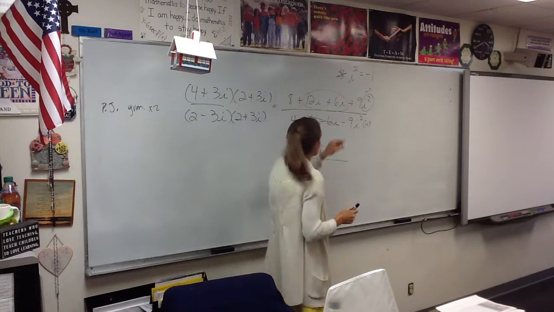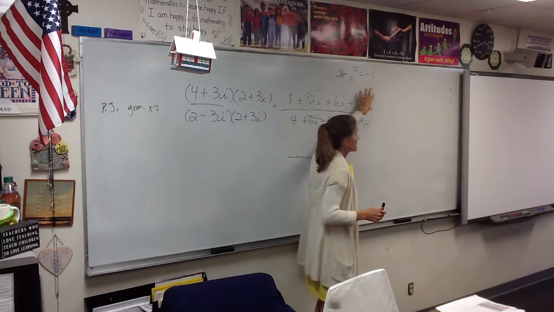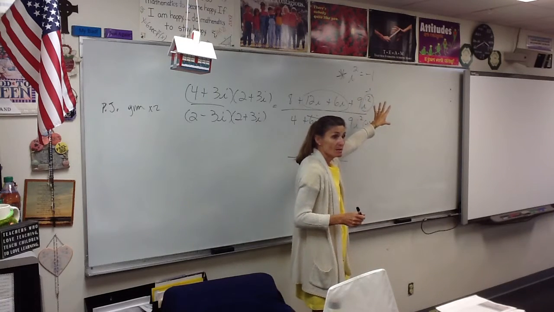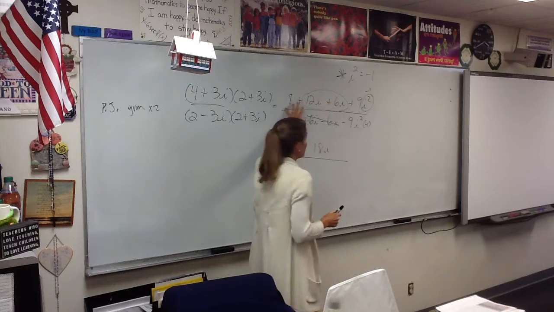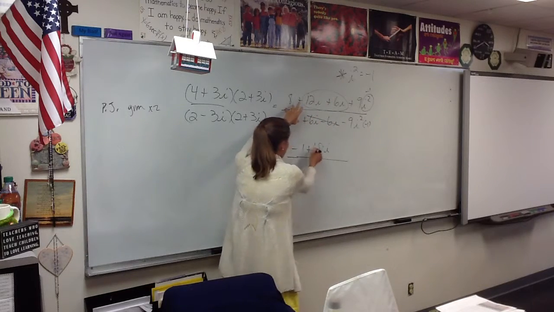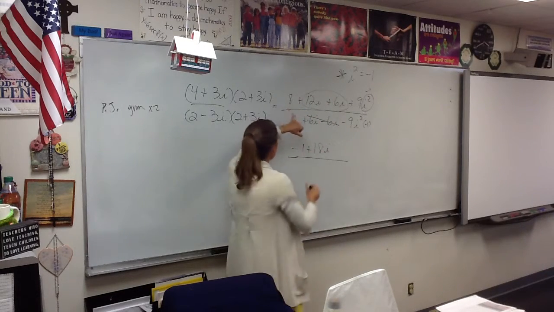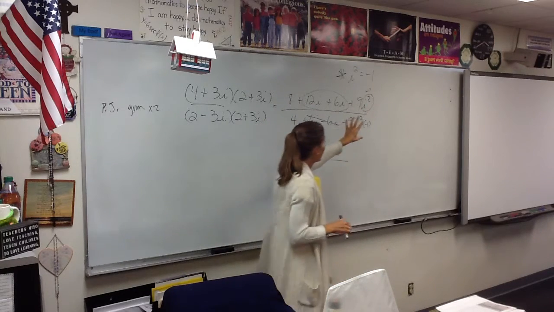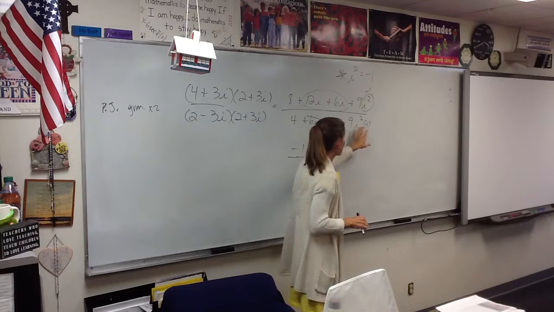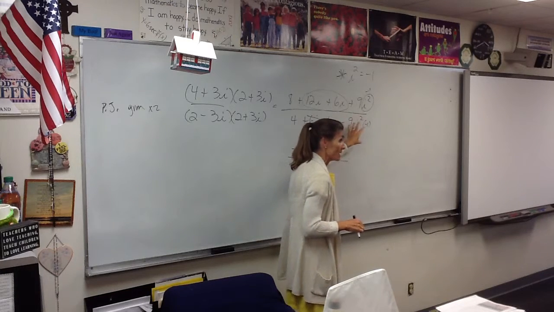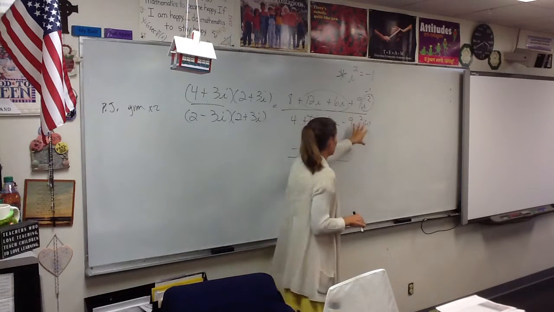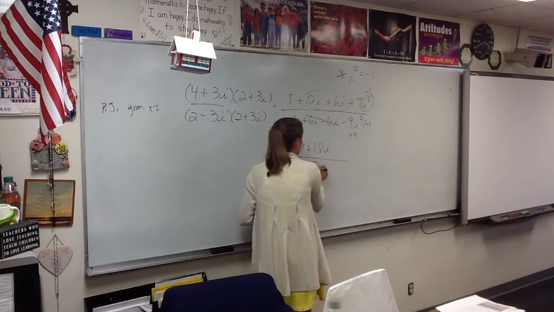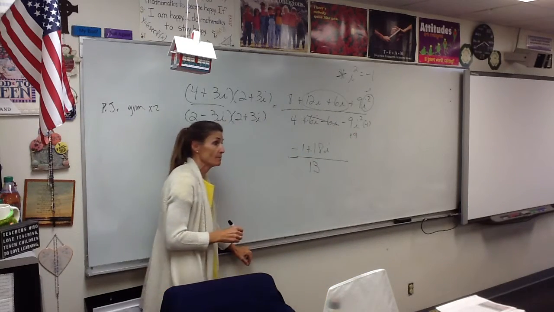So on top, this is going to become what? -9, added to the 8, is going to give me a -1. So on the top, I have -1 plus 18i. What's this going to become? Remember, i squared is -1. Plus 9, added to the 4, gives me a 13.